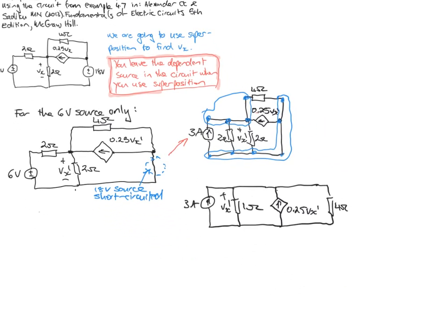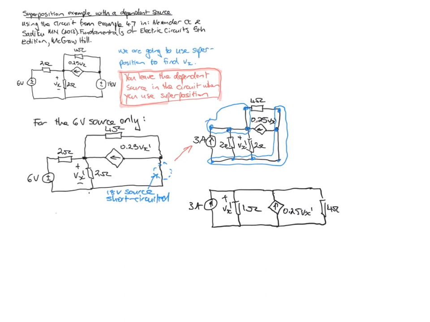And now you can see that the 4 ohm and the 1 ohm resistors are in parallel, so we can redraw this circuit like this. We've still got that 3 amp source. And we've got the 4 ohms in parallel with 1 ohm, which gives us 0.8 ohms.